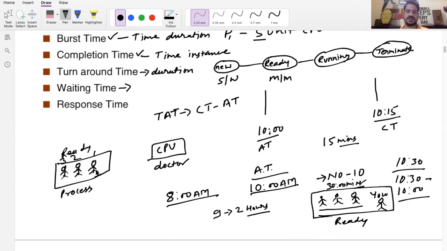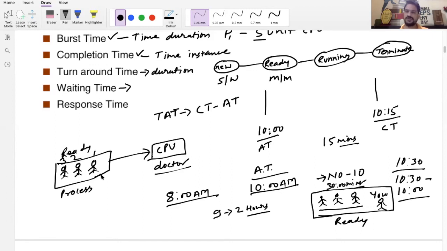So process 1 will be getting the CPU, meaning it is getting the doctor. The doctor inspected, and after some time, the doctor tells that particular patient to give your blood to the receptionist. She or he will test it and give the result. So for that duration, you will wait.